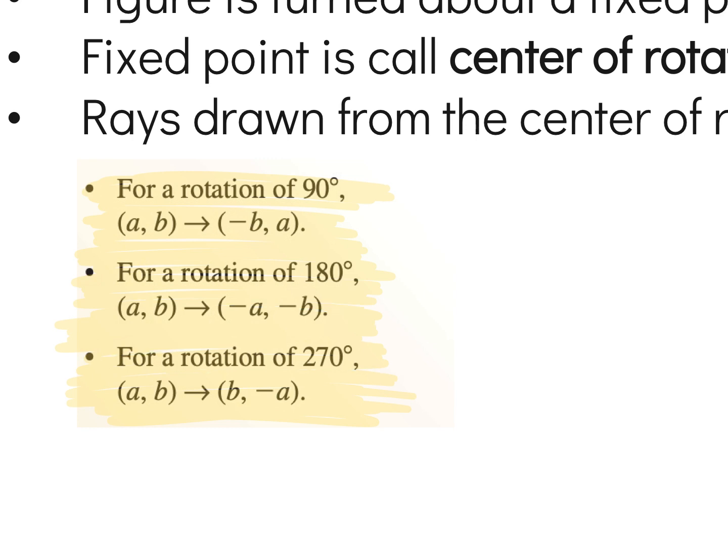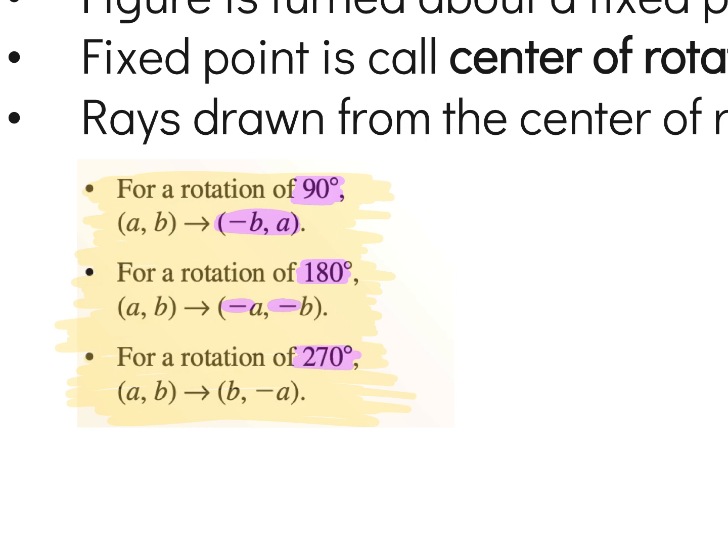Translations are normally the easiest ones because it's just a slide, you're figuring out the movement, but for these, you do have to know the rules because you may get questions regarding the rules on your quiz and test. So if you're rotating something 90 degrees, whether it's clockwise or counterclockwise, you're changing the order and negating your B. If you're rotating something 180 degrees, you're just changing the sign of your values.